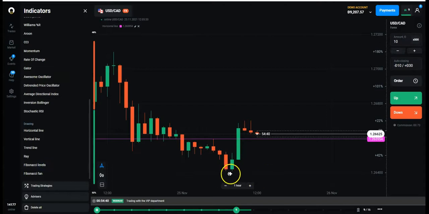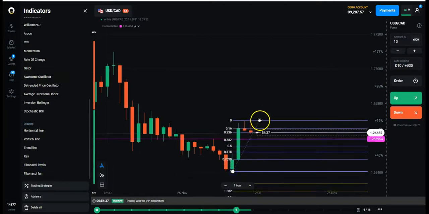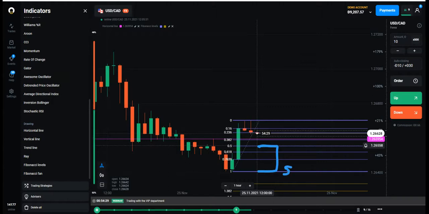Can draw a fib here again. So a 61.8 here would be a nice entry, but really anywhere below the halfway marker would be a nice cheap price. And then I'll have a stop loss and be looking to go to that higher level.